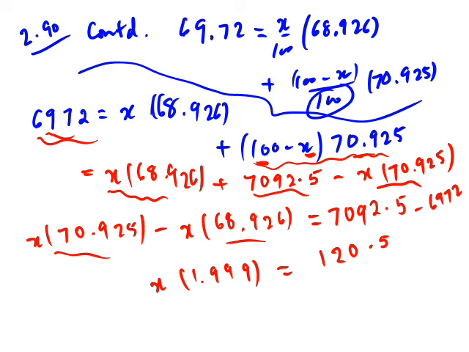Now x would be given by, you divide both sides by 1.999, and you get x equals 60.28.